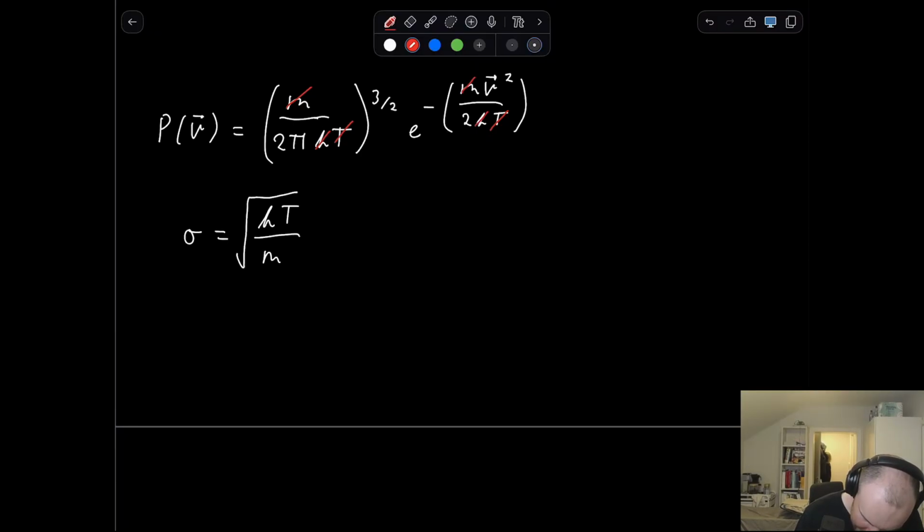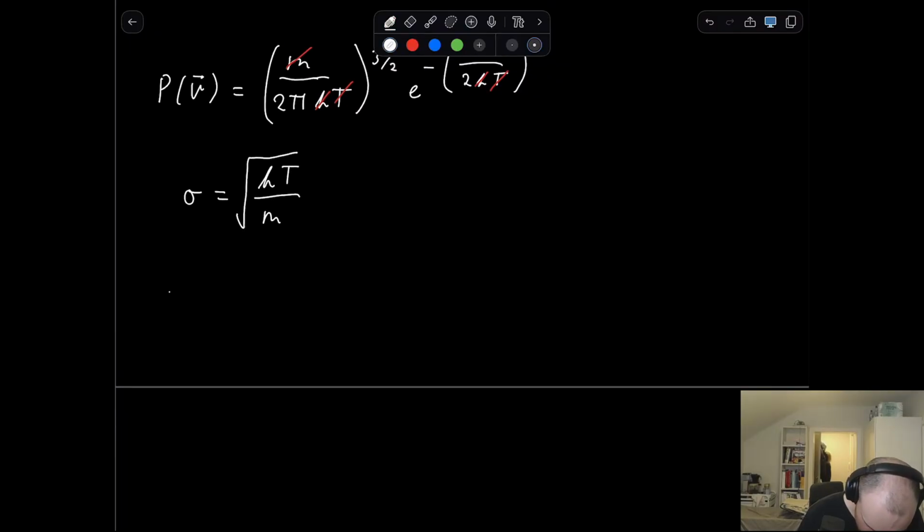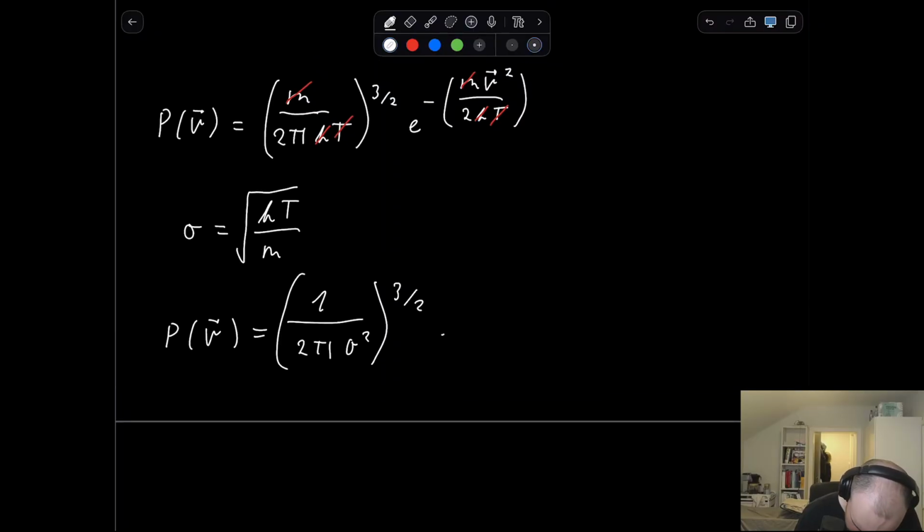We can rewrite the expression as p of v equals (1 over 2 pi sigma squared) to the power 3/2, e to the minus 1 over 2 sigma squared, times (vx squared plus vy squared plus vz squared).